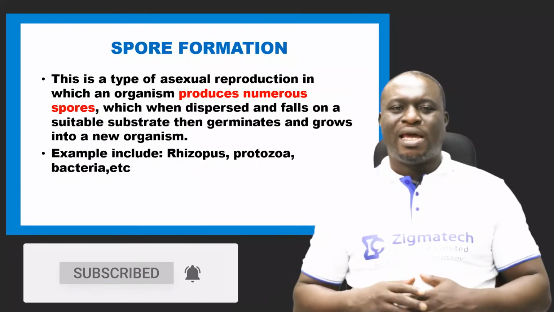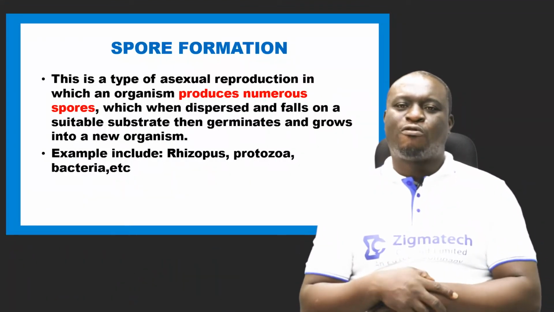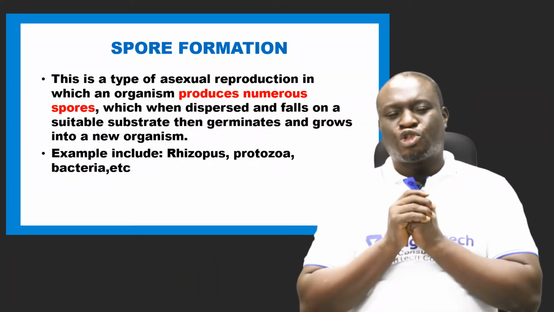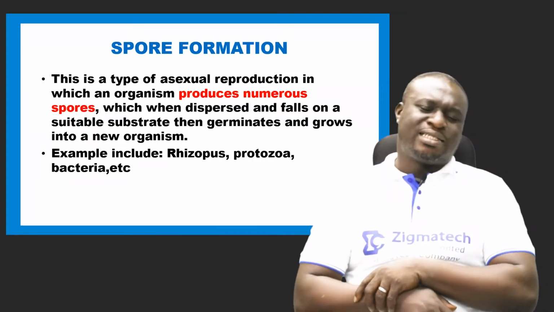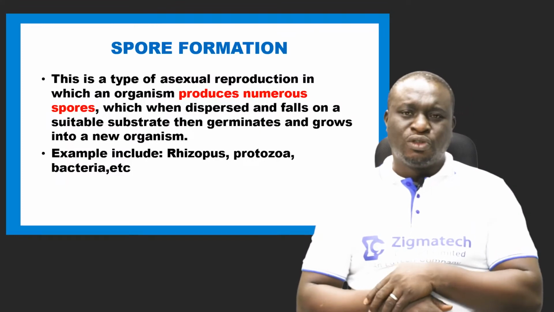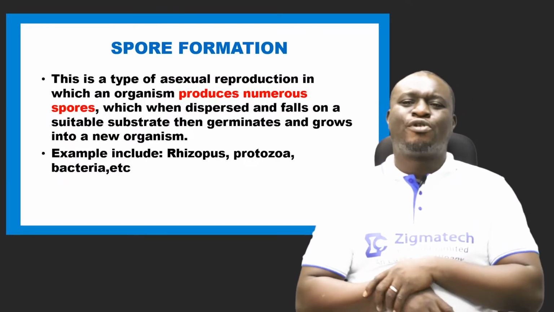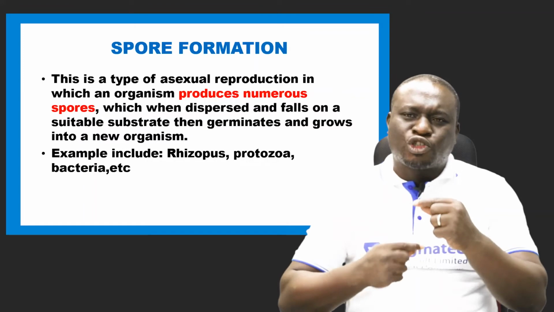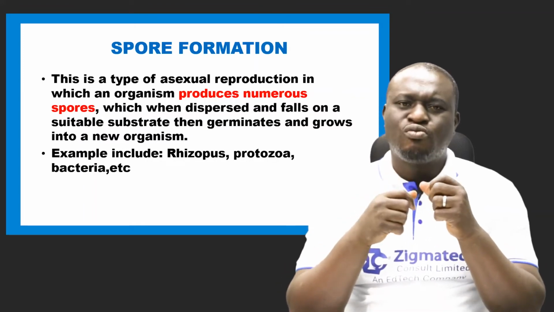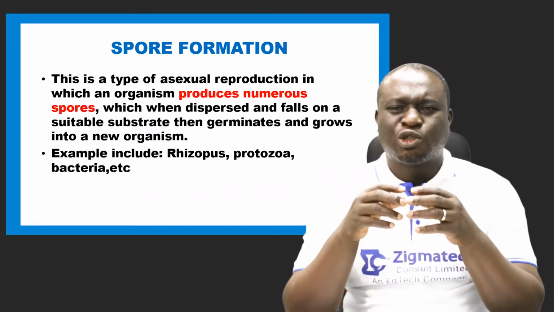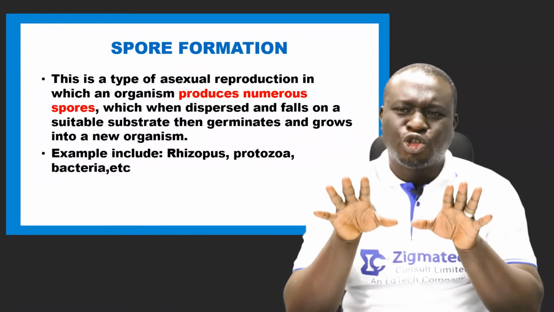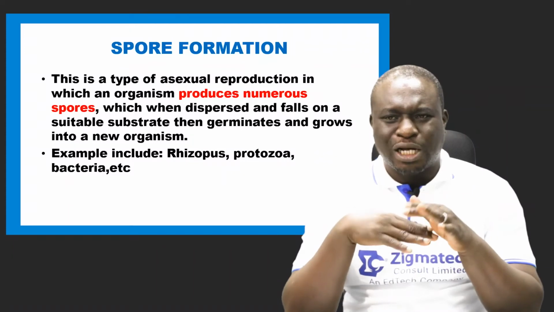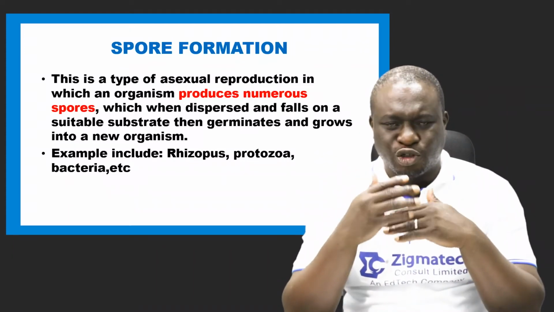Number 3 is what we call spore formation. Now, what is spore formation? It is a type of asexual reproduction in which an organism produces numerous spores. Now, when these spores are dispersed and fall on suitable substrates, they germinate and grow into new individuals.